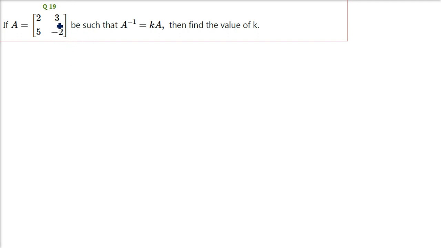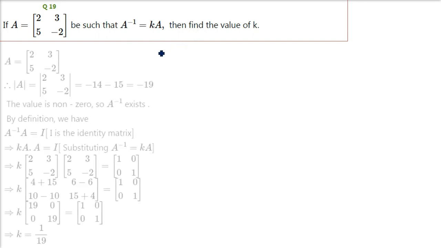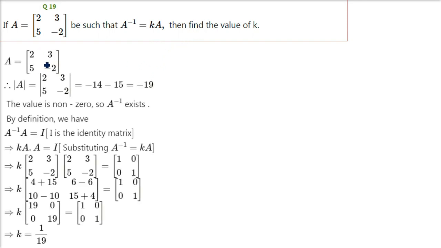If A is given this matrix and it is such that A inverse is equal to K into A, then find out the value of K. Since A is given, in order to work with A inverse, you have to tell precisely whether A inverse exists or not.